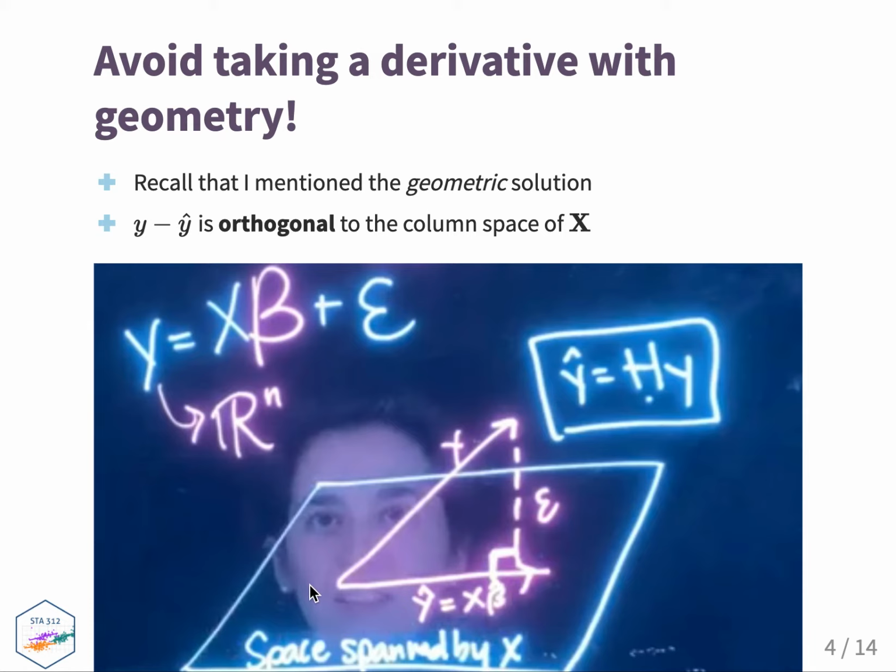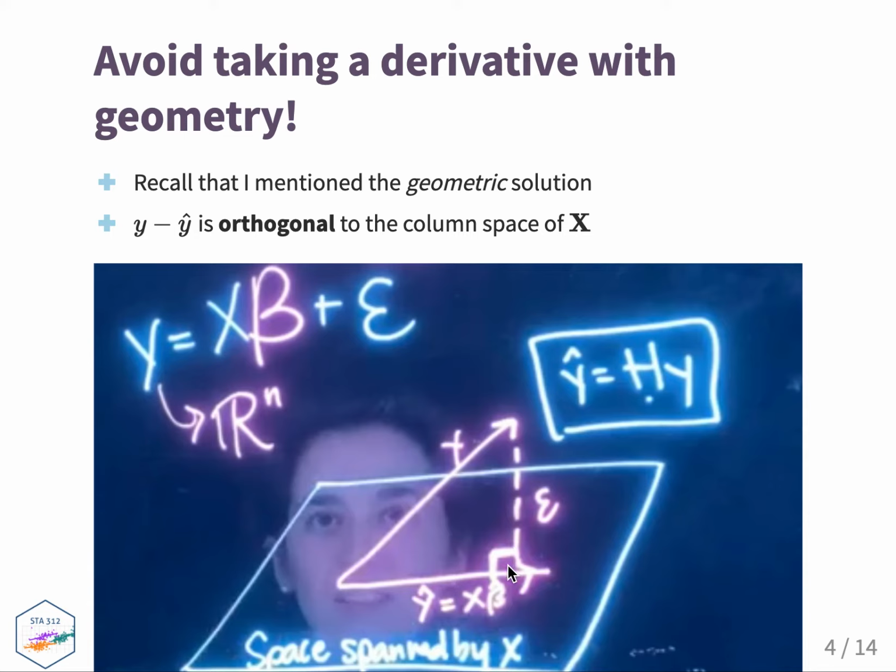I talked about this a little bit in the last lesson, but imagine that you have this space spanned by x, so the column space of x here is this hyperplane. We've got this vector y here, and we're trying to find some point in this x column space that's going to minimize this error.